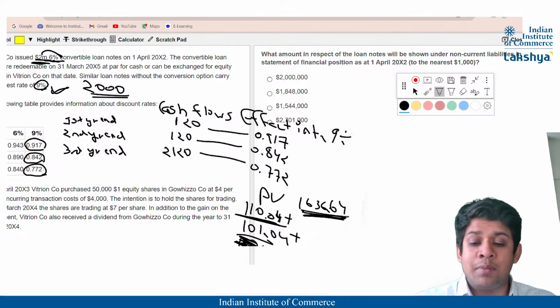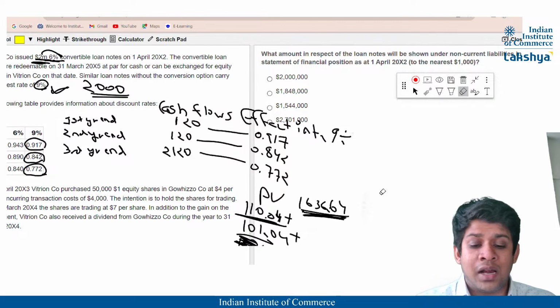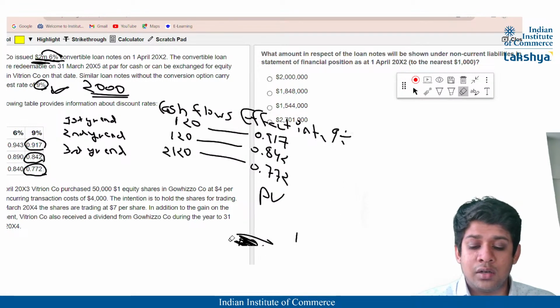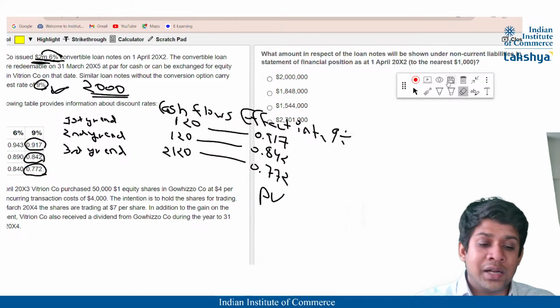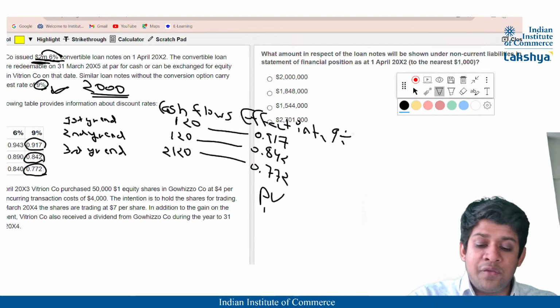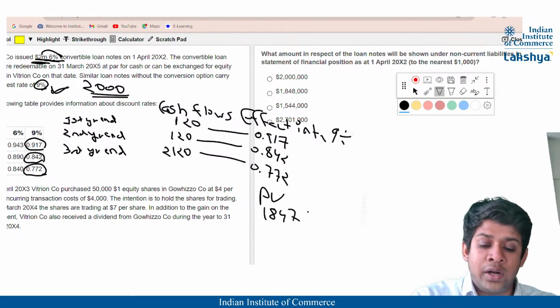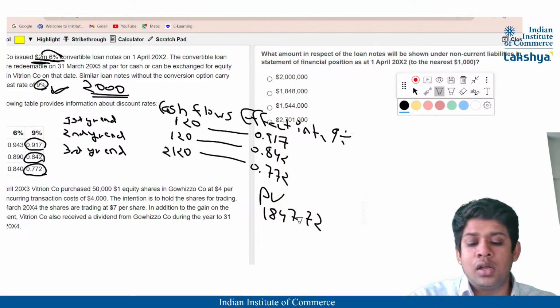So the total liability value, guys, that is the addition of this value and this value, is going to be nothing but, wait, I'll just state it. The total liability value that I have got is 1847.72, and they've asked me to calculate the non-current liability present value, right?